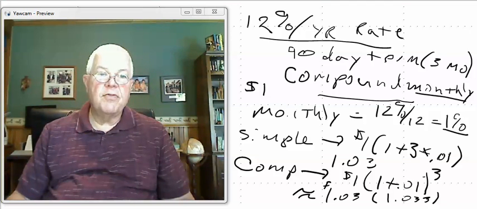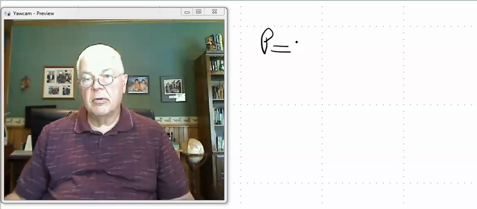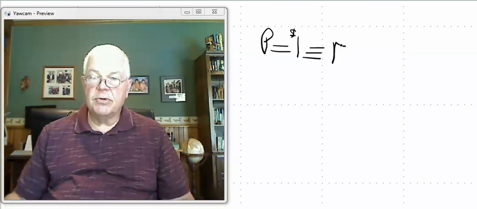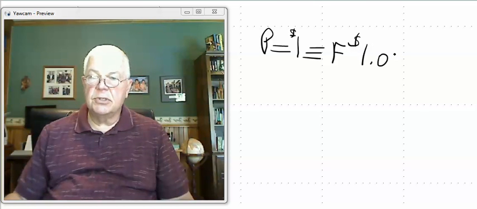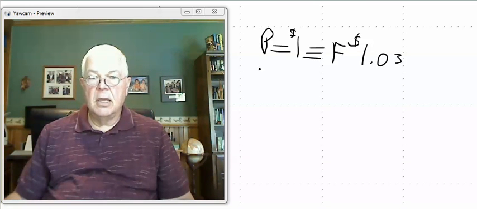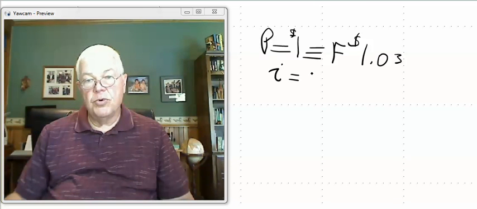It's a fairly straightforward concept, but one that people often get confused with. And so if I were to look at what's going on here, for example, what I would say in that previous example is I would say a present value of $1 is equivalent to a future value of $1.03 under an interest rate of 12% a year, or often it's called annual.